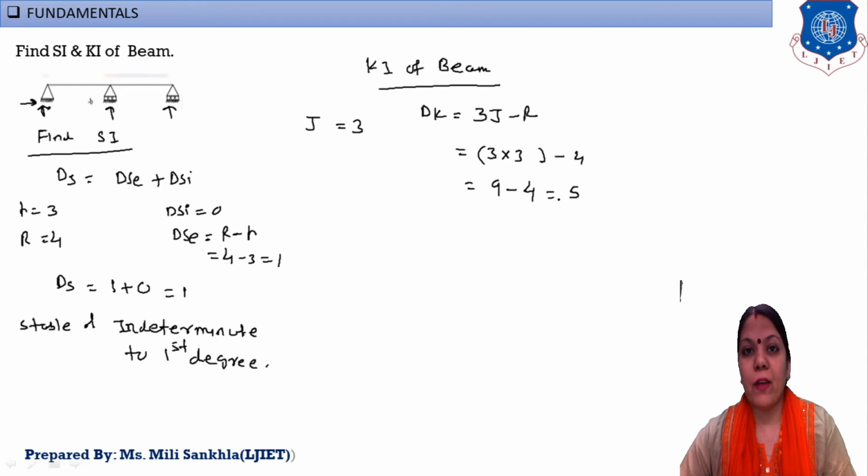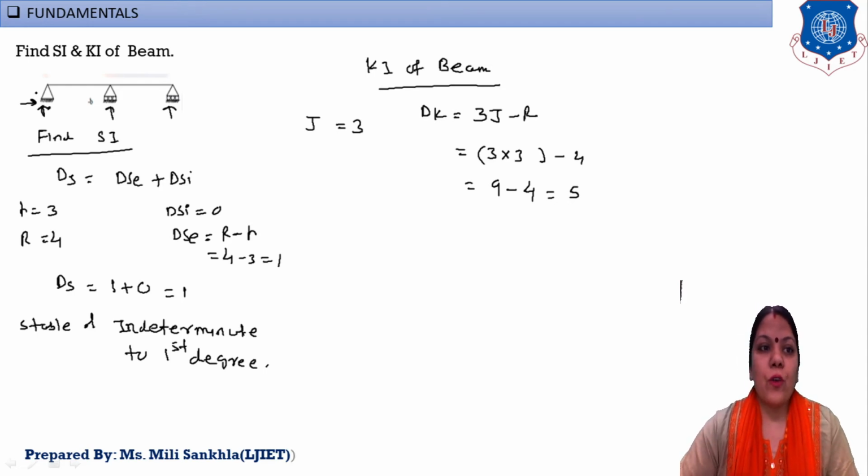Okay, now we verify this answer, right or wrong. First of all, hinge support is allowing for moment. Roller support is allowing for horizontal and moment, and again roller support is allowing for horizontal and moment. Okay, total 1 2 3 4 5, that means our answer 5 is right. Now we find out dk NAD.